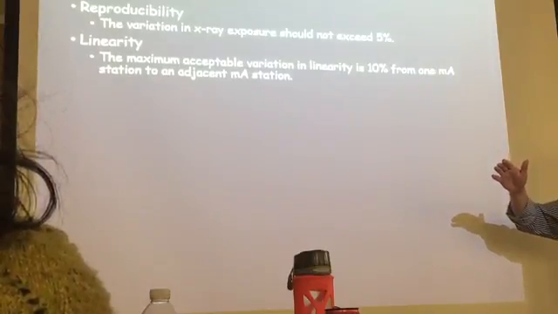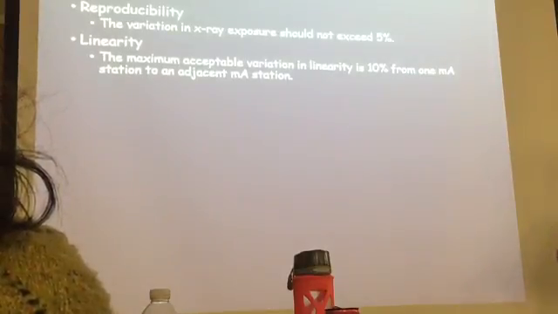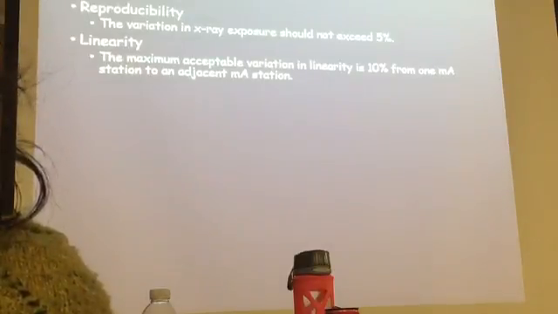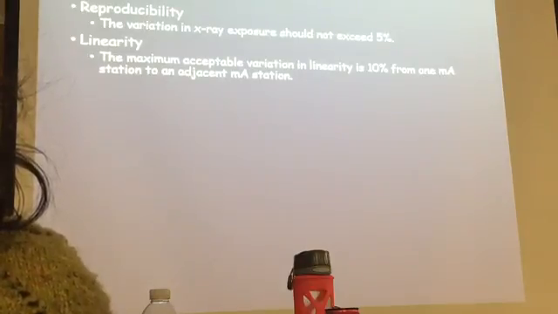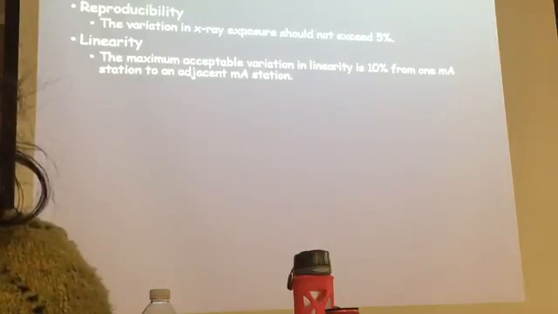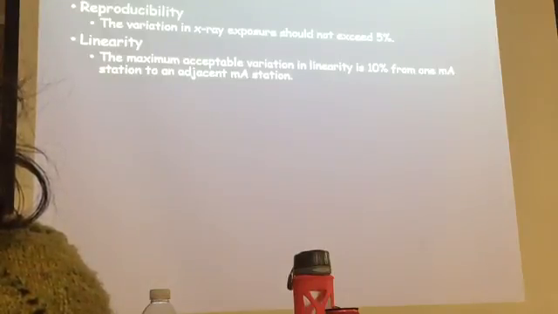Make sense? So changes in the, say for example, here's a question. Let's say that you make an exposure at 70 kVp and 20 mAs, and the amount of X-rays that you get with that technical factor is 5 roentgens.